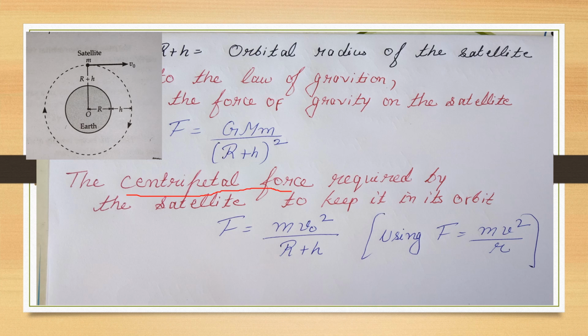So the centripetal force required by the satellite to keep it in its orbit is given by F is equal to m V0 square divided by R plus H. We know the formula of the centripetal force, F is equal to m v square over R. In this case, the velocity V is equal to the orbital velocity of the satellite, so we use the symbol V0 square, and for the distance R, here the distance is equal to R plus H. So we replace the R with R plus H.